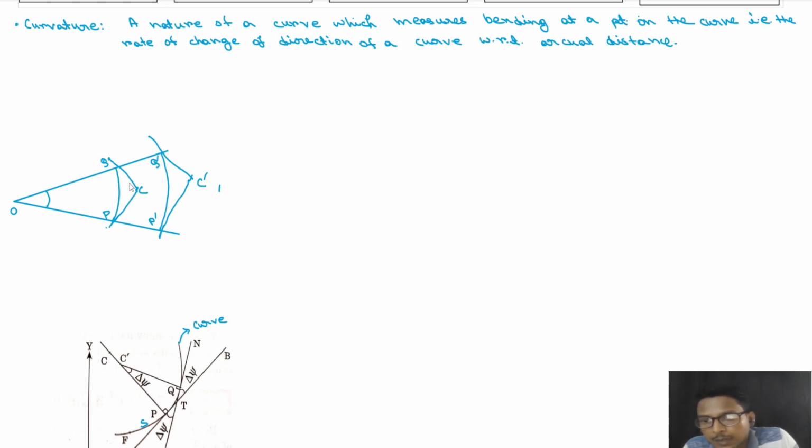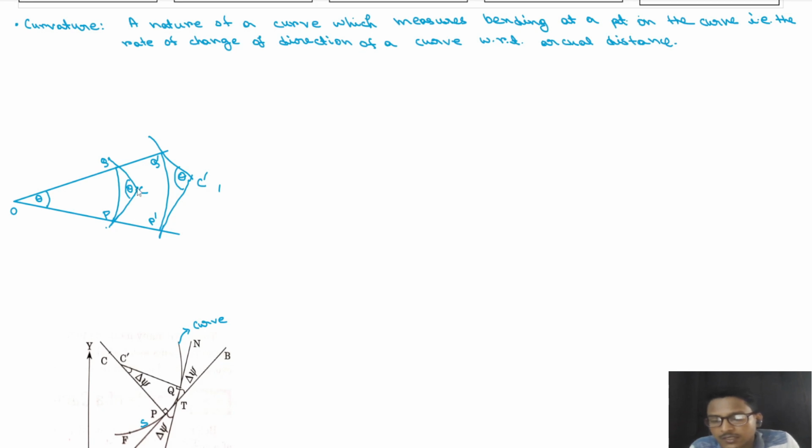Now if this angle PCQ is theta, then we can assert that the angle POQ will also be theta, because we know that the angle between the perpendiculars to two lines is the same as the angle between them. Here we are talking about the acute angle, so this angle is theta, and by the same virtue angle Q dash C dash P dash will also be theta.